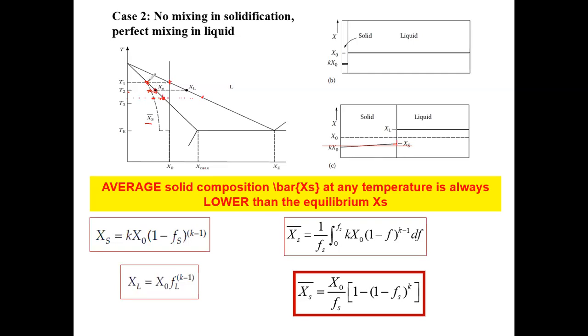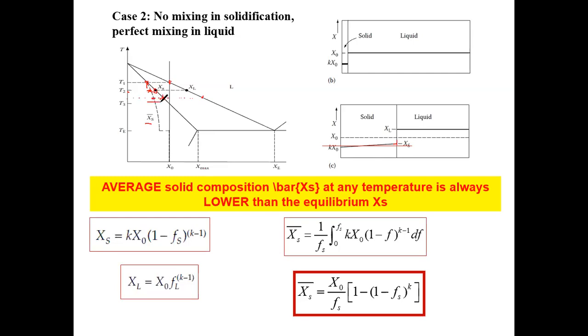The solidus tells you the composition of solid at any temperature, and the liquidus does the same for the liquid. But now the solid falls out of equilibrium, so the actual solidus falls out from the theoretical line and goes to the left. This is the actual solidification path you're following if you map this on the phase diagram.